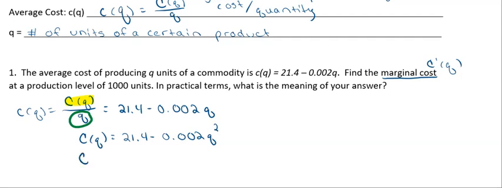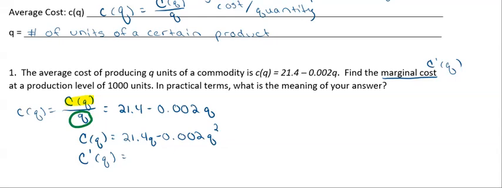Now we need the marginal cost, so we need C prime of Q. I forgot to write my Q; let's go back and put that on there. To review, we multiplied by our Q, so we have 21.4 times Q and 0.002 Q times Q, making it Q squared.